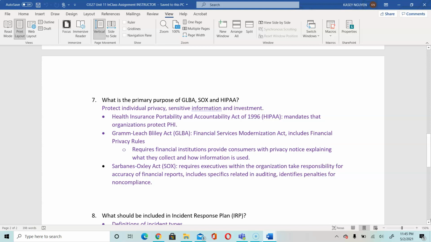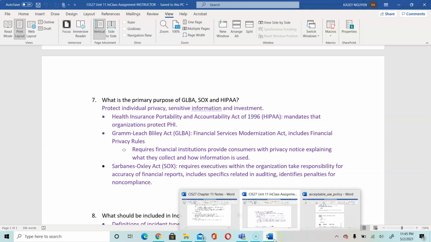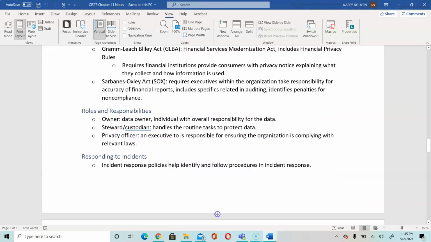It specifies how often they audit the data or financial information, and identifies the penalty for noncompliance. You can find this information again in our notes on page 3.